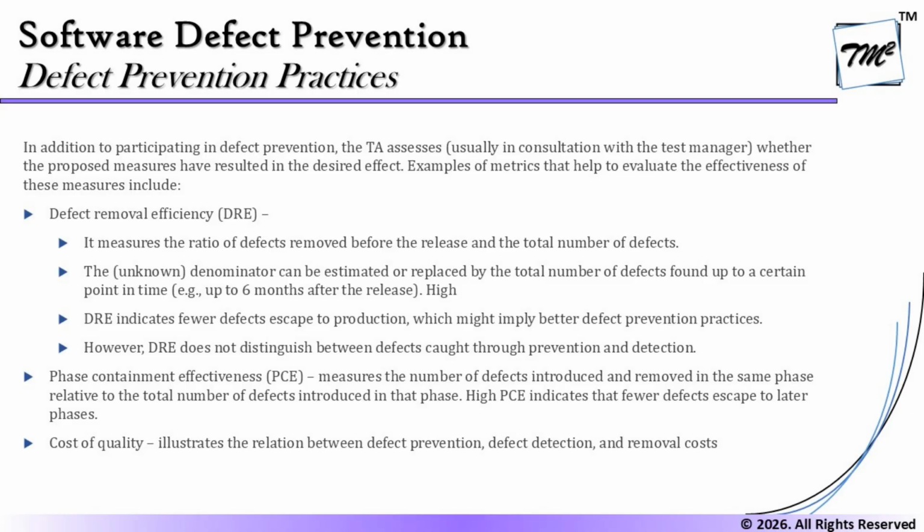And the last one, of course, is the cost of quality, which illustrates the relation between defect prevention, defect detection, and removal cost, which put together represents how efficient your test activities are in the overall success. So certainly the cost of quality is the amount of time and effort invested in testing a system, but the lesser it is, the better the productivity or effectiveness.